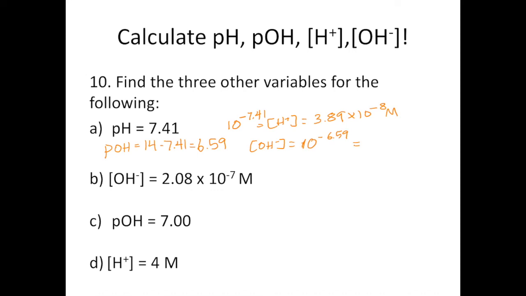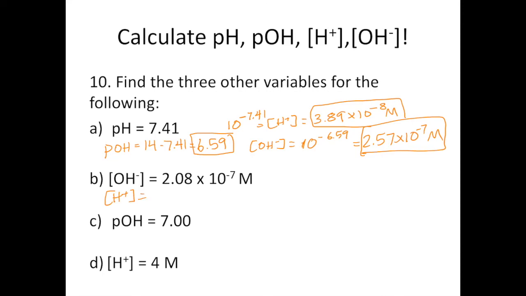Inverse log of negative 6.59, and I get 2.57 times 10 to the minus 7 molar. Okay, so that's it. You just decide how you want to use it. You can use a little diamond if it helps, but I got the other three. Pause it, solve, come back and check.